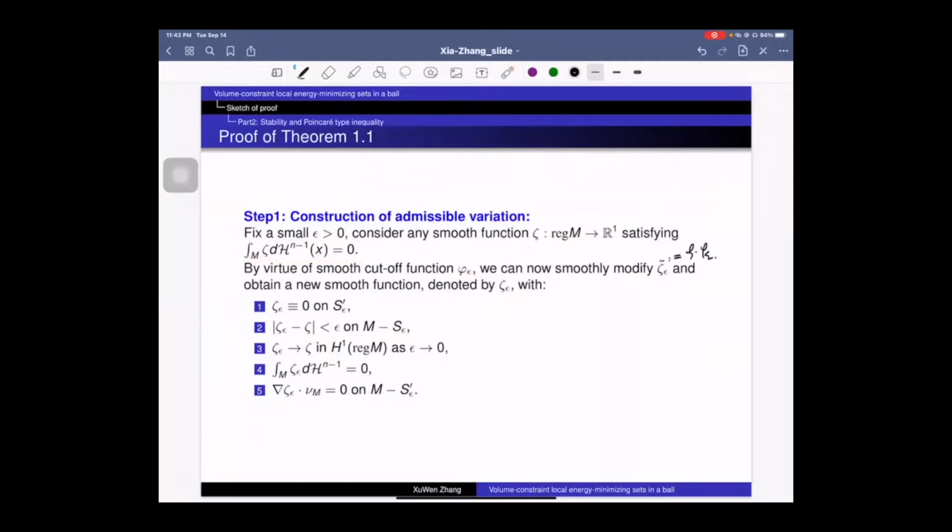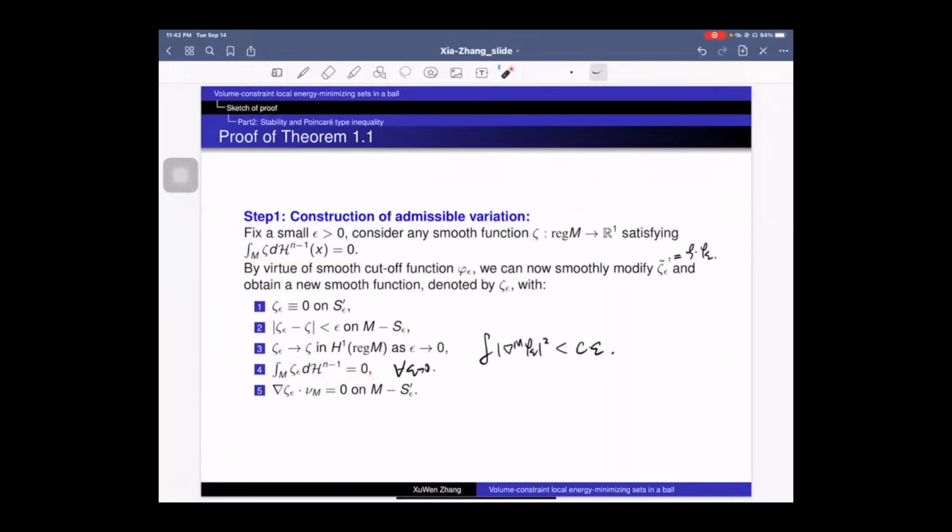This is derived from the fact that the energy of the smooth cutoff function is small. It is bounded by some constant times epsilon. And the most important thing is this. For any choice of epsilon, we want the integral of this new smooth function theta epsilon over M to vanish.